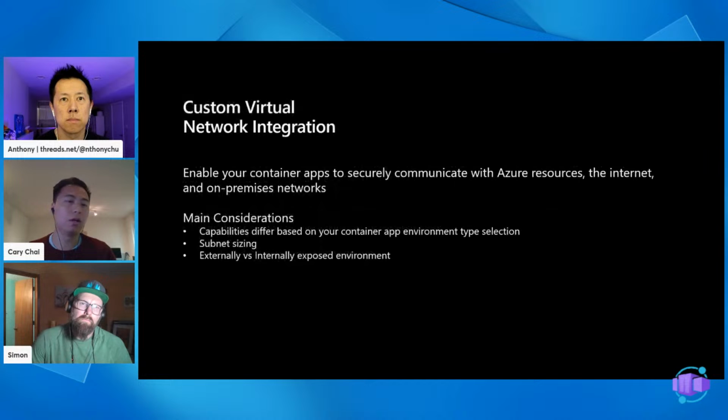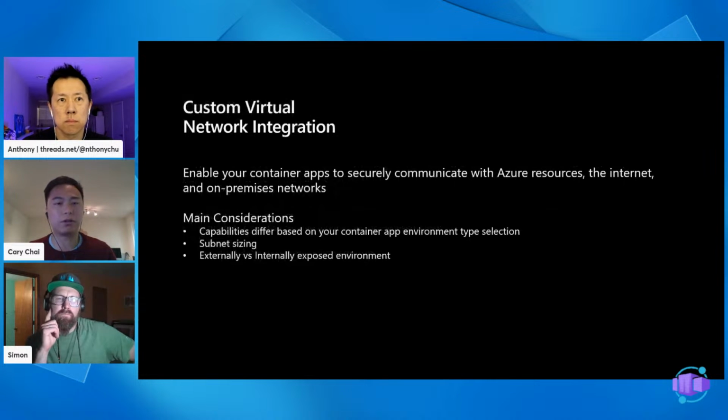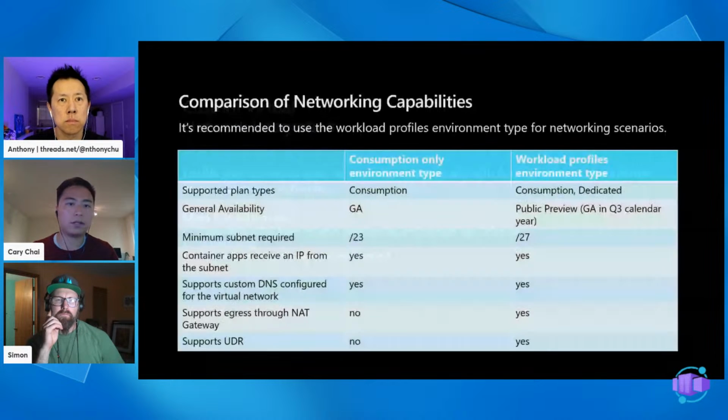That's the capabilities that you want from networking, as there are 2 types of environments and the feature set differs slightly; what subnet size you're going to need; and whether or not you want an externally or an internally exposed environment. These are all considerations you should think about prior to creating your container app, because once you have created the container app environment and integrated with a virtual network, that piece isn't really modifiable. So those 3 things, diving into it.